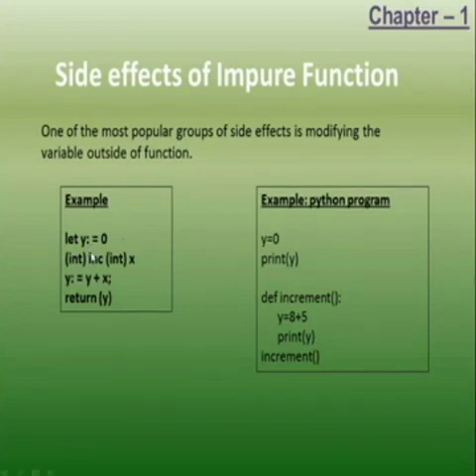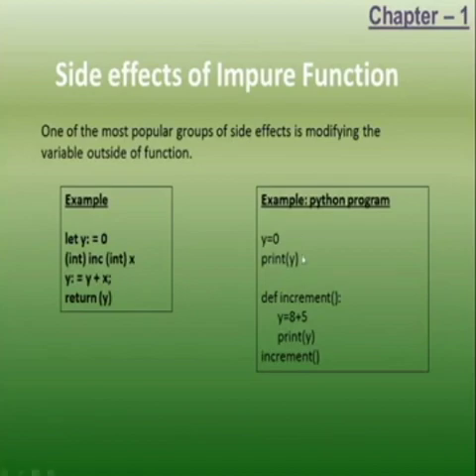This y is above the function, so it is in the global place. The function here is inc, that is increment, and inside the function there is a change y = y + x. That means the 0 value is changed, and this function is returning the value of y. So this function is used to change the value of a variable outside the function. In some places it is very important to change a value. So the impure function is useful in many places.